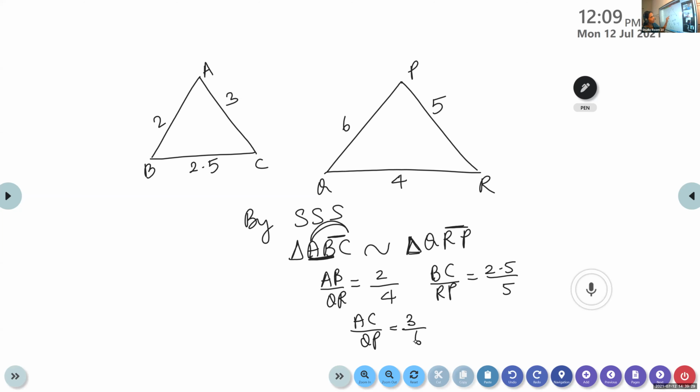Aditya, now is it clear? You said your position is wrong. We have to rearrange the vertices accordingly. We can't take it as PQR here. When you write the similarity, we have to check whether the criterion is satisfied. AB corresponds to the side QR, BC corresponds to the side RP, and AC corresponds to the side QP.